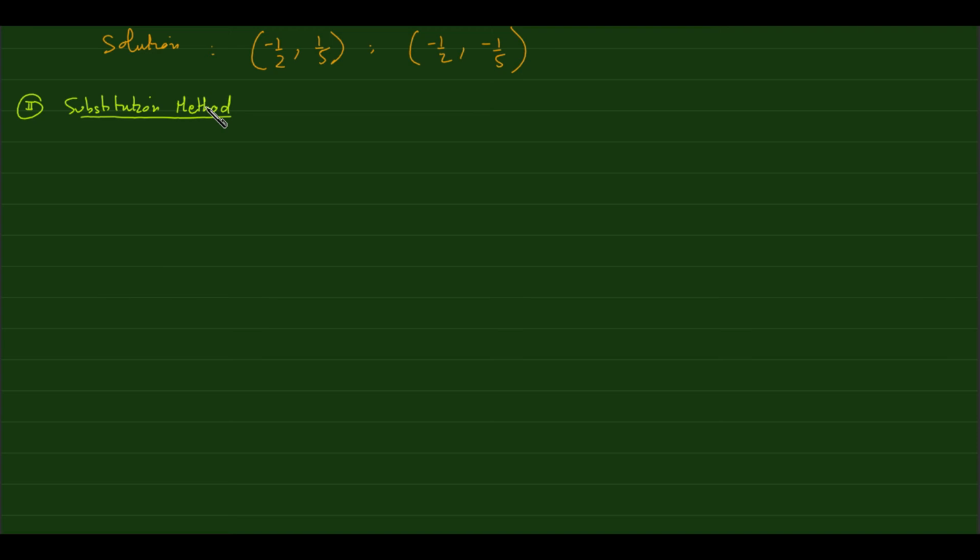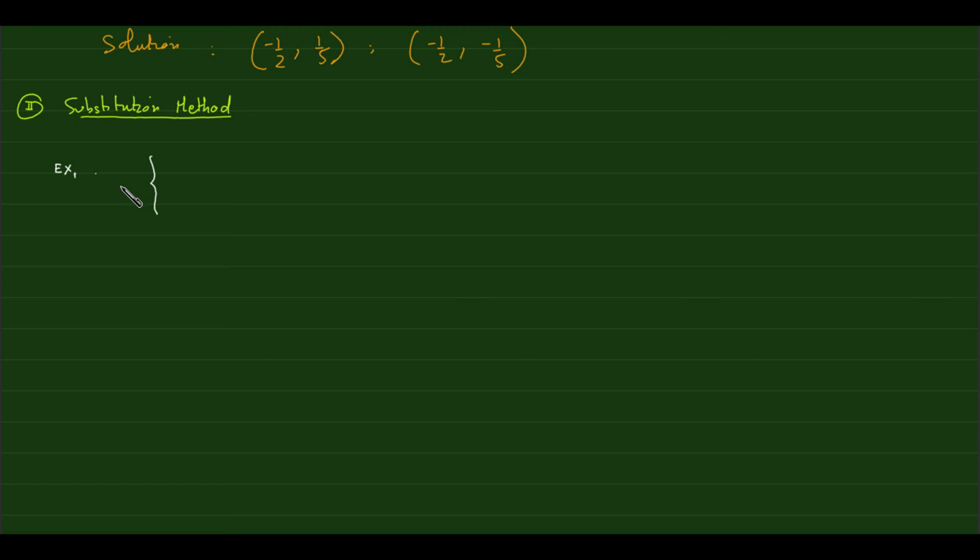For example, I have a system like this. Most of the time when you use the substitution method, it's for a system that contains only one nonlinear equation, and the other one is linear.